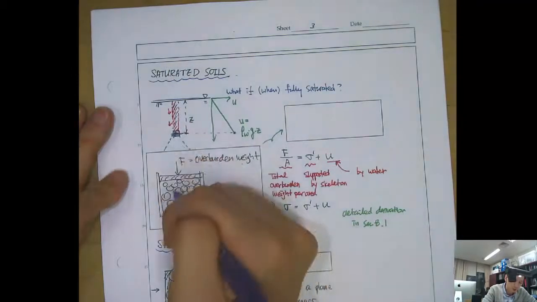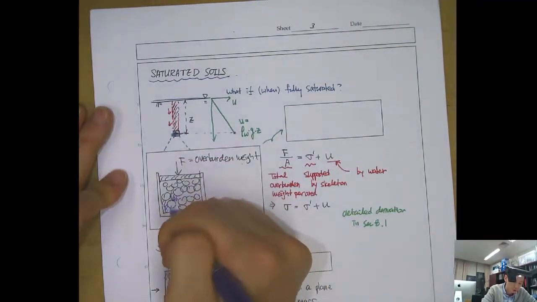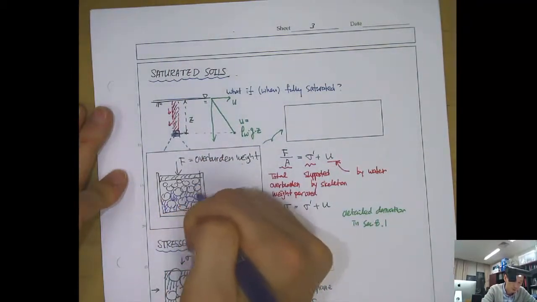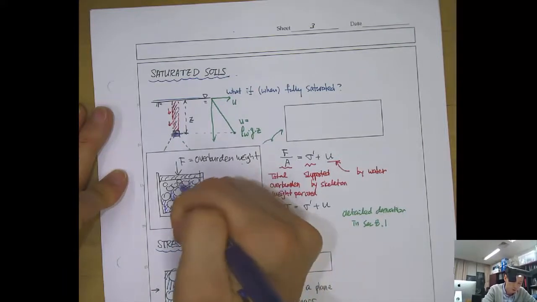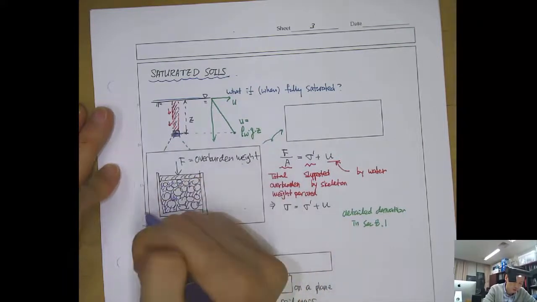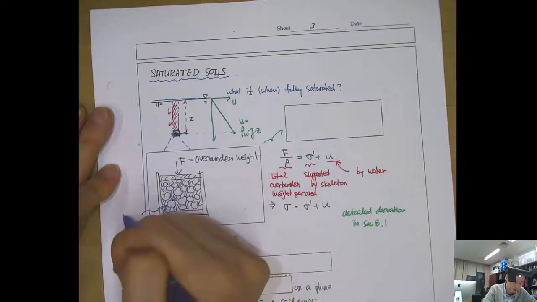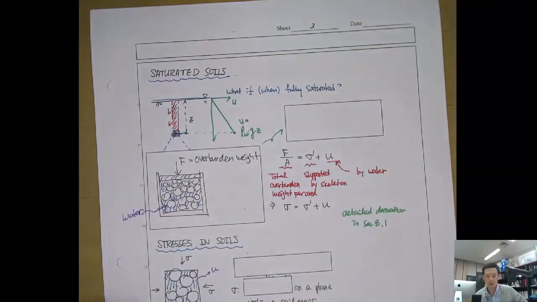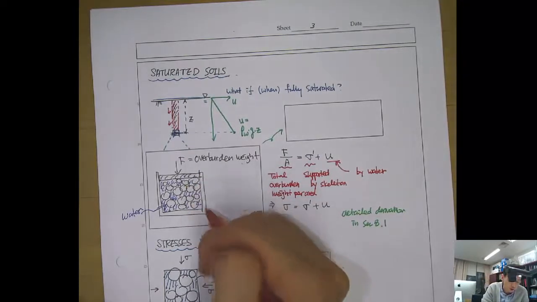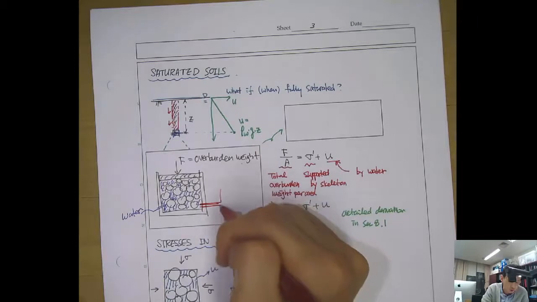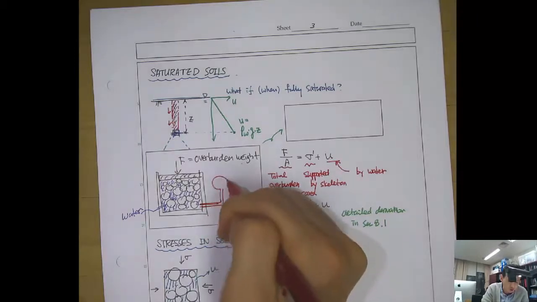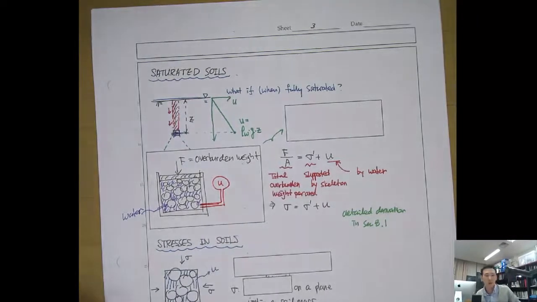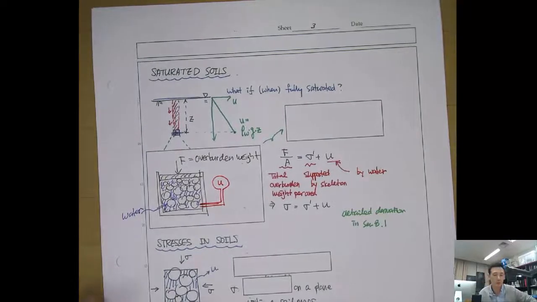And the void space will be filled with water. If we measure the pressure of this fluid, the water pressure that's filling the void, let's say that pressure, the water pressure, is u.